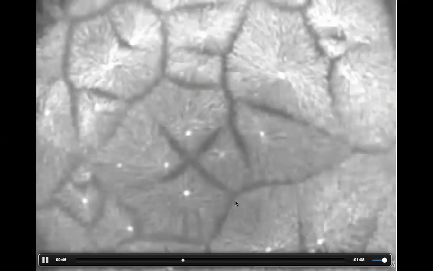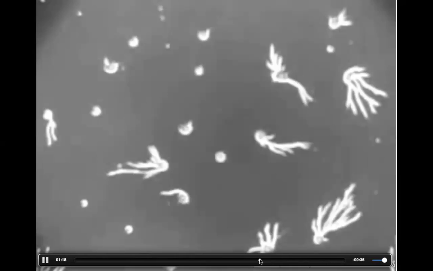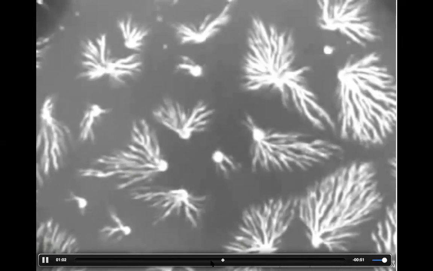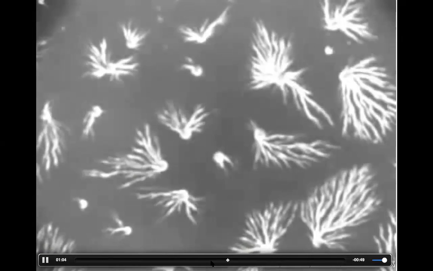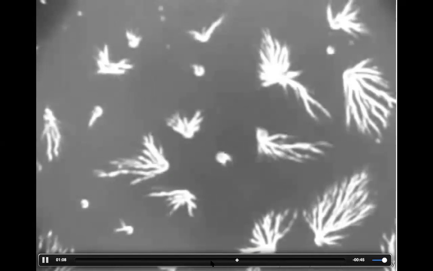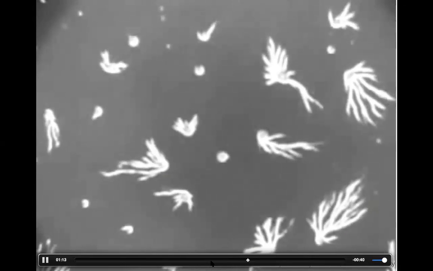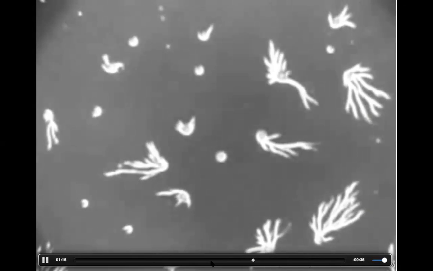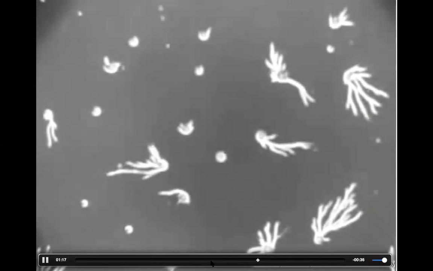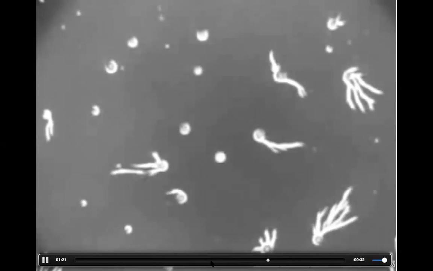Okay. So they're going to aggregate a little bit more. So now these are blazing with cyclic AMP as they aggregate and form the slugs to crawl off and look for food. So I have a question.